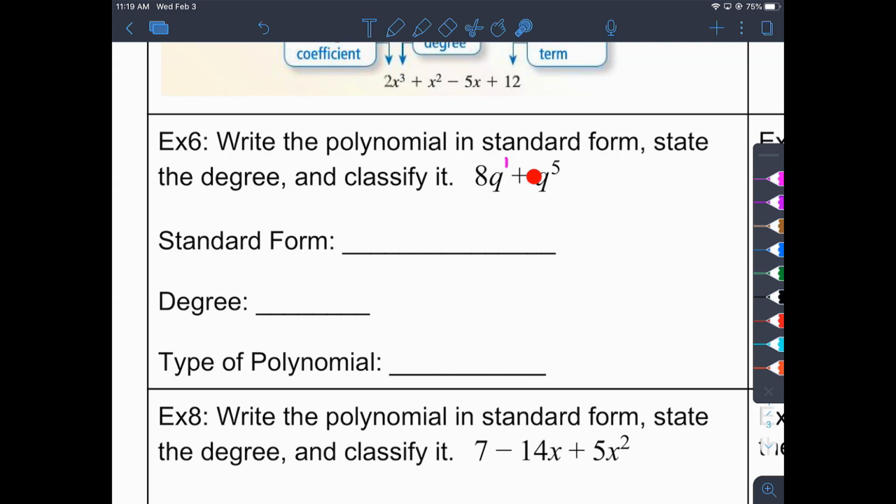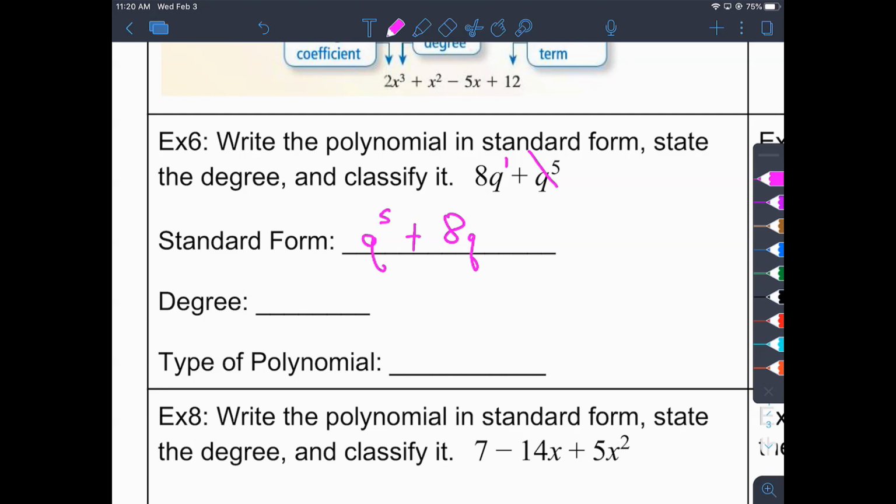The next one is a q to the 5th power. So actually the degree of this monomial term is a 5. So that has to go first. So q to the 5th power. Then, by rules of deduction, that means that 8q to the first power would be second.